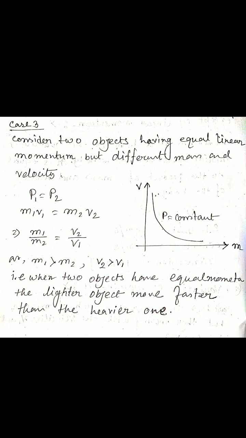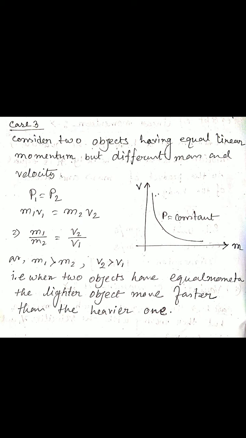So if p1 equals p2, we can write m1 v1 equals m2 into v2. So m1 by m2 equals v2 by v1. What we can say is that if m1 is greater than m2, then v2 is greater than v1. That means if we increase the mass of the first one, its velocity decreases.